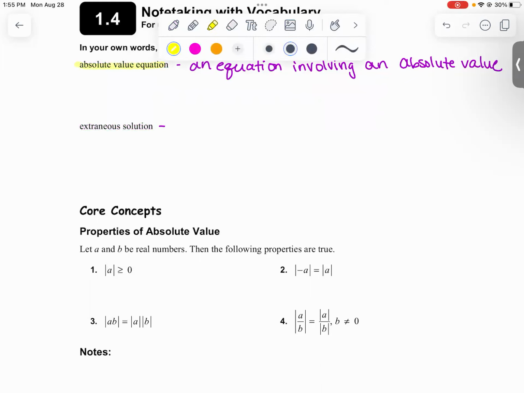So sometimes we solve an algebra equation and the algebra makes sense, but when we put it back into our equation, it doesn't make sense. Okay, so extraneous solutions are answers that we get, so solutions that we get algebraically.